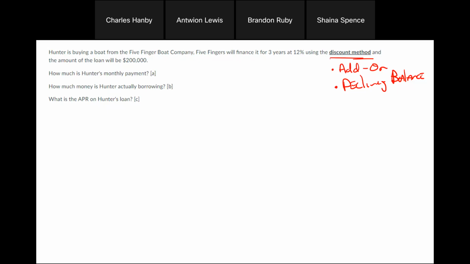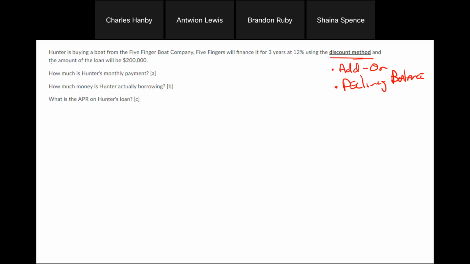So discount method, we're going to calculate the interest, and we're going to subtract that from the loan amount, and that's going to be the amount that the borrower actually receives.